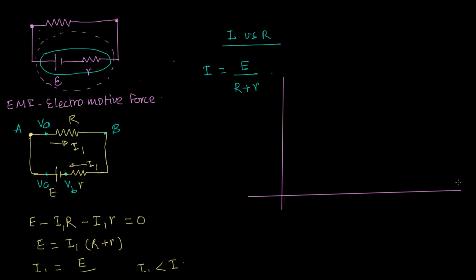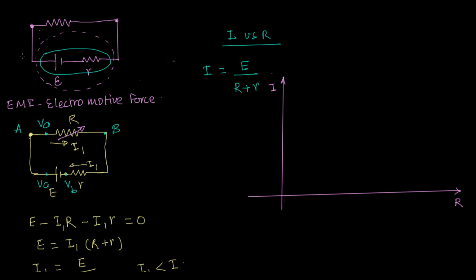Look, this I am plotting on the y-axis, and this I am plotting on capital R, which is no longer a constant. It is variable, right? Correct.